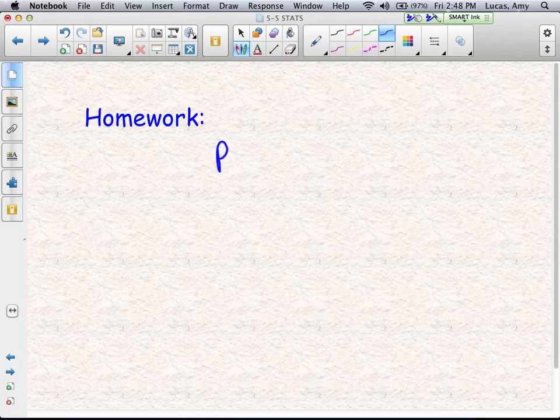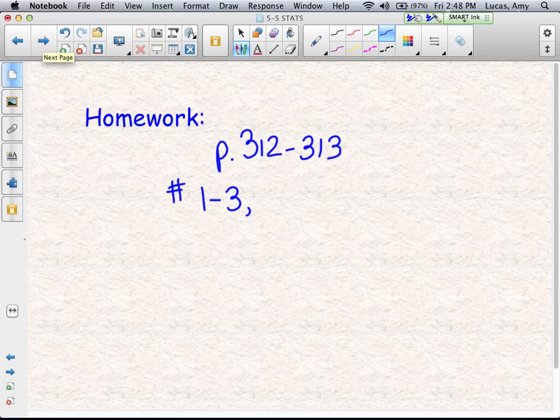So it's on page 312 and 313. Number 1 through 3, 7 through 13, 20, 36, and 37.